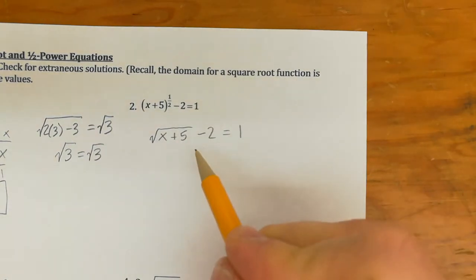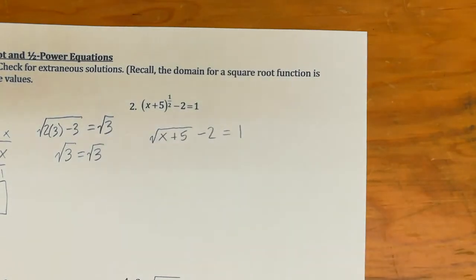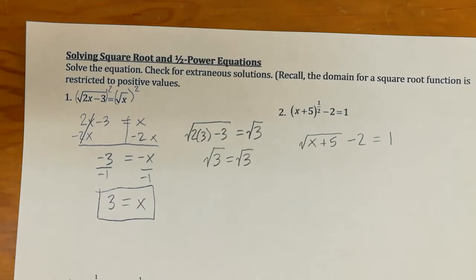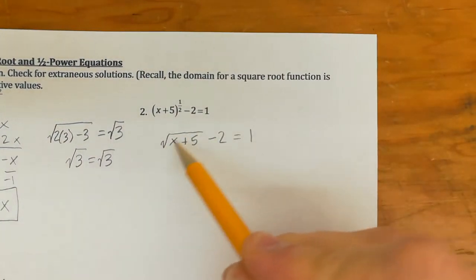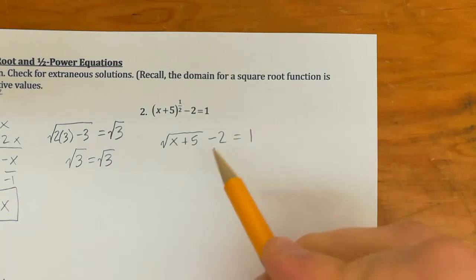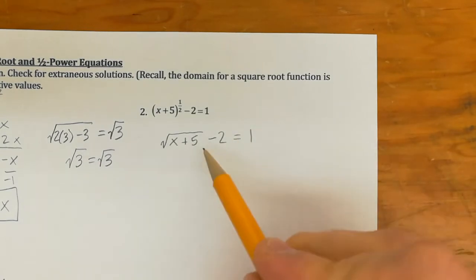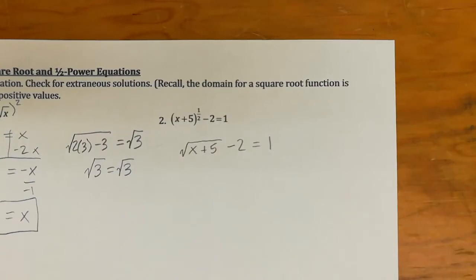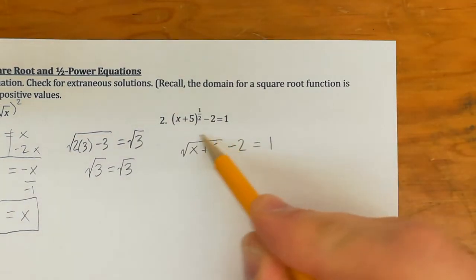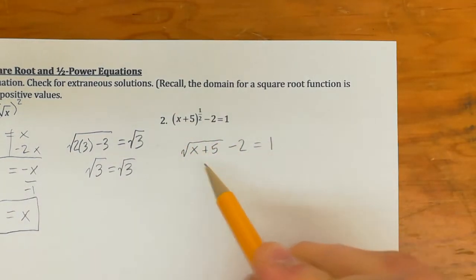Then this is a little different though, comparing this equation to number 1. Notice that when we have a square root on both sides, here we just have a single square root. So in order to use the technique of squaring both sides, you have to make sure that each side just contains a square root, or in this case it's only going to be one side that has a square root, but either way I need to isolate this square root on this side.